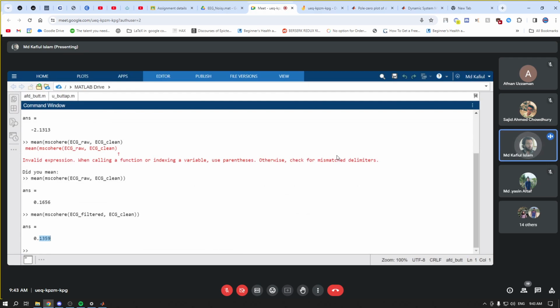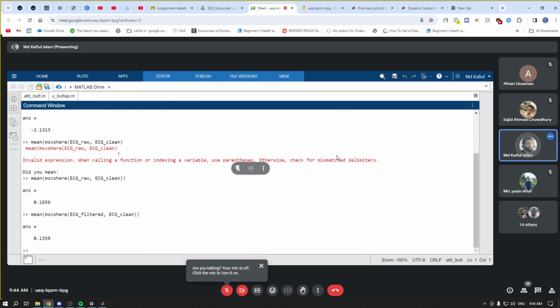But coherence-wise, which one seems better, before filtering or after filtering? Before filtering seems to be better, right? Because the similarity is supposed to be higher after filtering, but it somehow comes out lower. Maybe this is because of the delay, or you have to further improve the filtering performance.